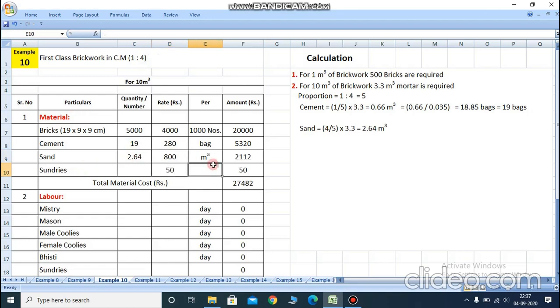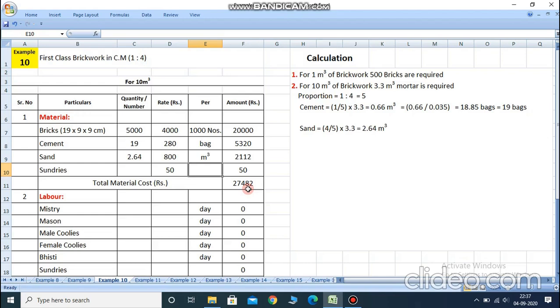So total 20,000, 5,320, 2,112 plus 50 rupees. So summation we got 27,482 rupees. It's the total amount of material cost for the first class brickwork in cement mortar.